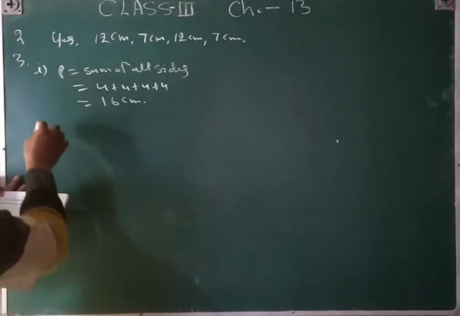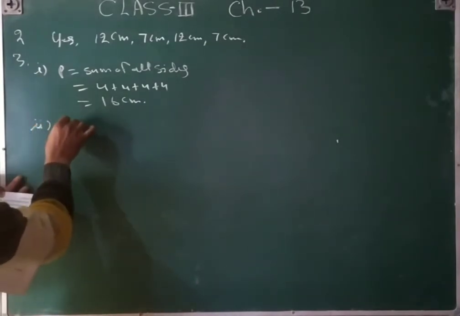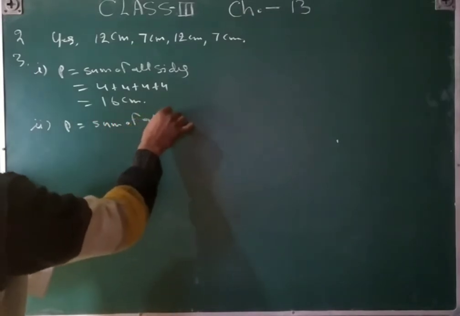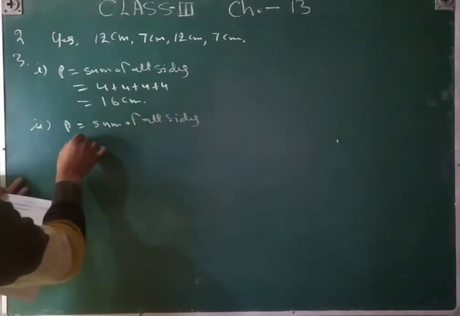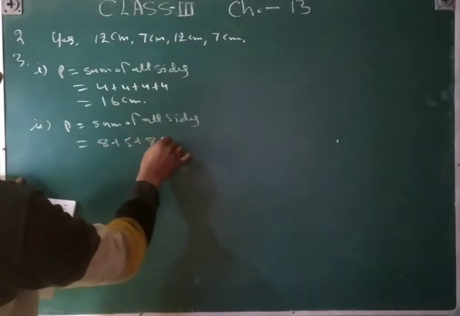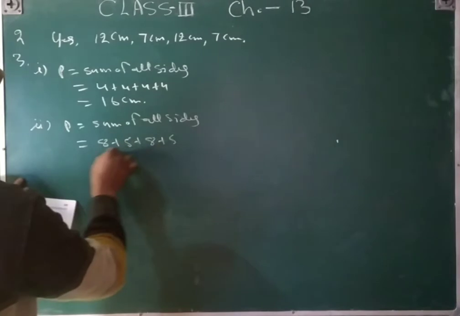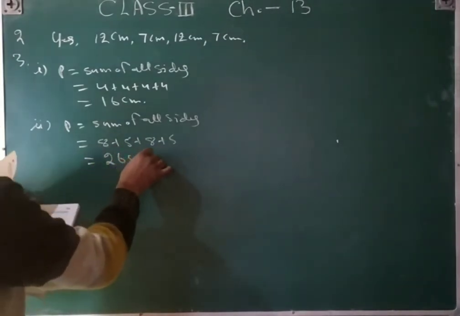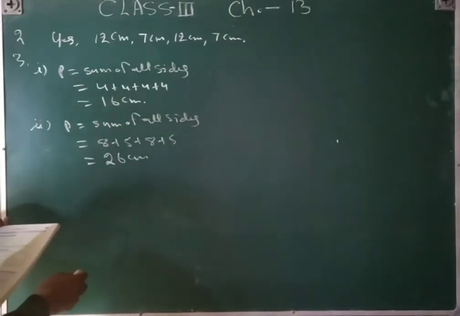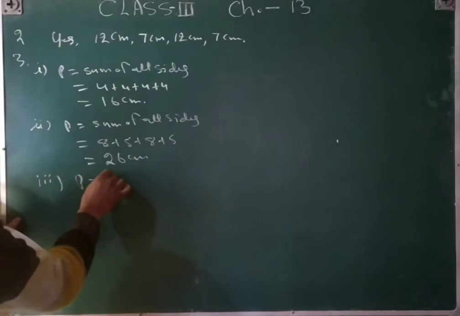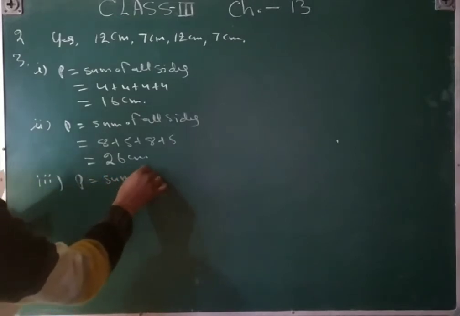Similarly in the second part, perimeter is equal to sum of all sides, 8 plus 5 plus 8 plus 5 is equal to 26 centimeter. And then the third part also, same thing, perimeter is equal to sum of all sides.